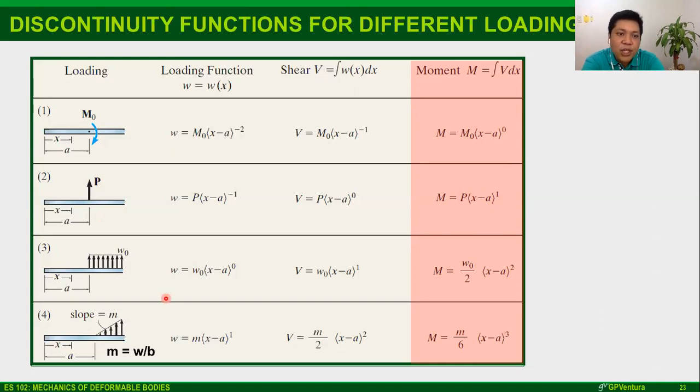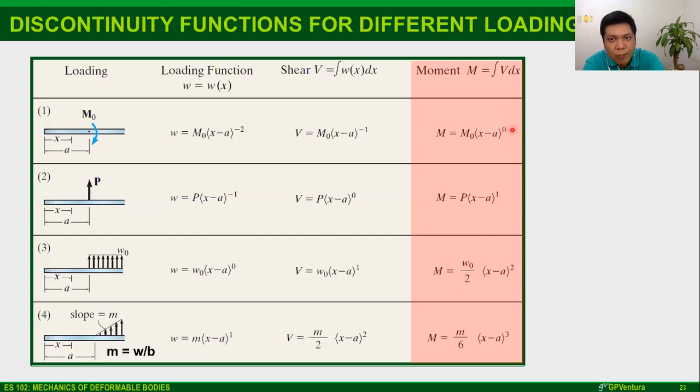Next, let's make it more difficult again. What if I have a uniformly distributed load? M, the internal bending moment, is just equal to the magnitude, the intensity of that uniformly distributed load, omega naught, over 2. So please be careful. It's omega naught over 2, X minus A raised to 2. So I think you can see the progression.